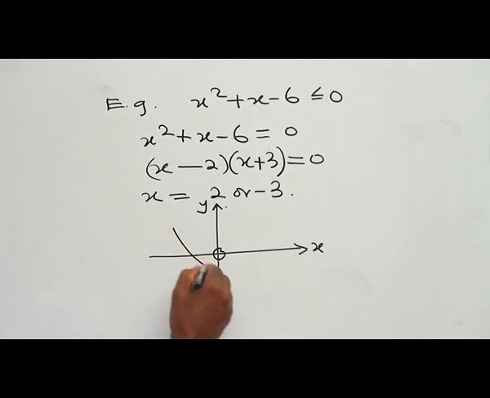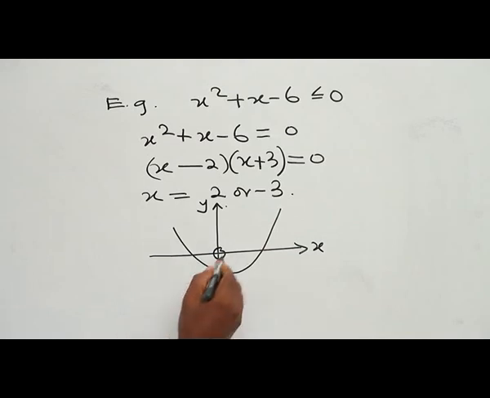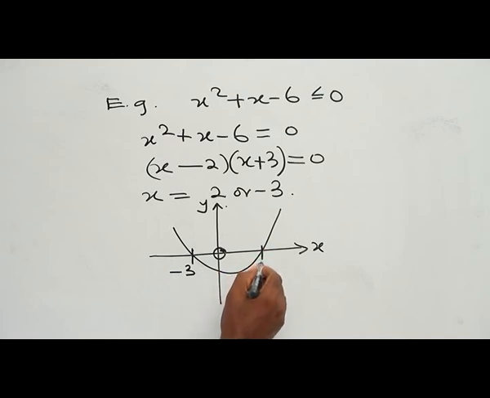So we now have something like this. Your interest is just to make a sketch that will help you determine where the solution lies. The minus 3 will be on this side, while the positive 2 is on this side.